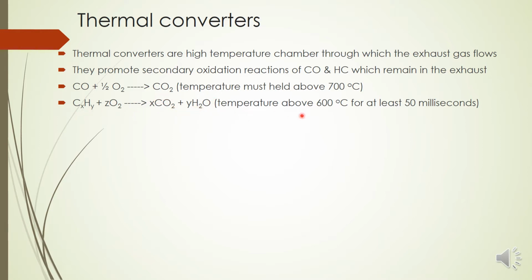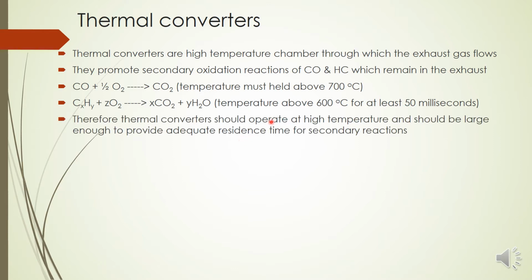But for this reaction also, the temperature required is 600 degrees Celsius, and it should be maintained for 50 milliseconds. So this time is also important. The temperature should be maintained for at least this much time. So a thermal converter should operate in this temperature range, that is, the temperature of this chamber must be around 700 degrees, and it should also provide adequate residence time.